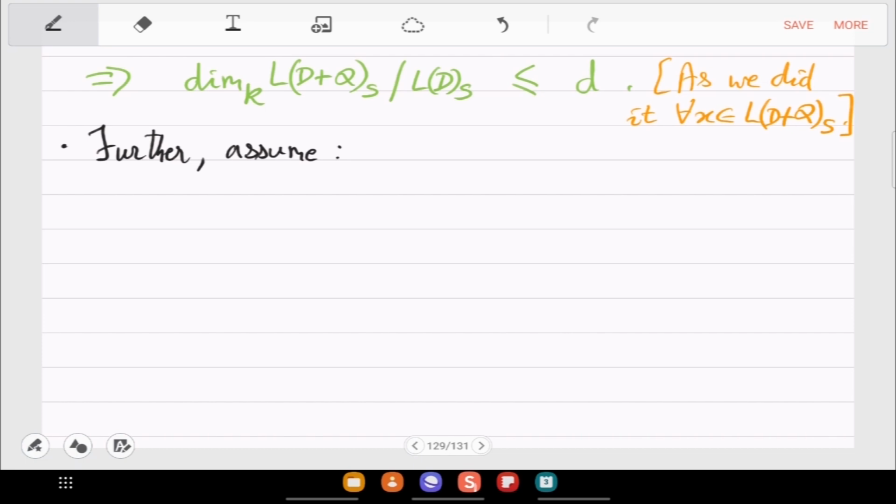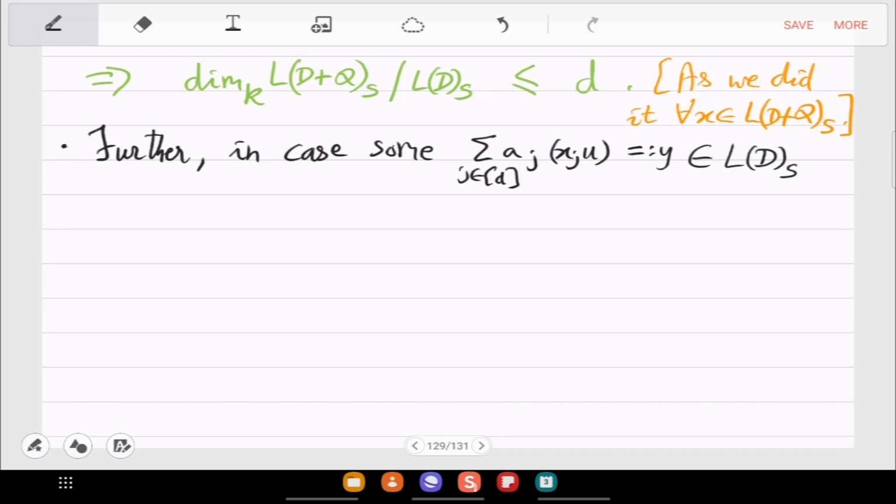So assume that some combination, the sum of a_j x_j u, becomes dependent, which means it's in L D S. Then what can happen?